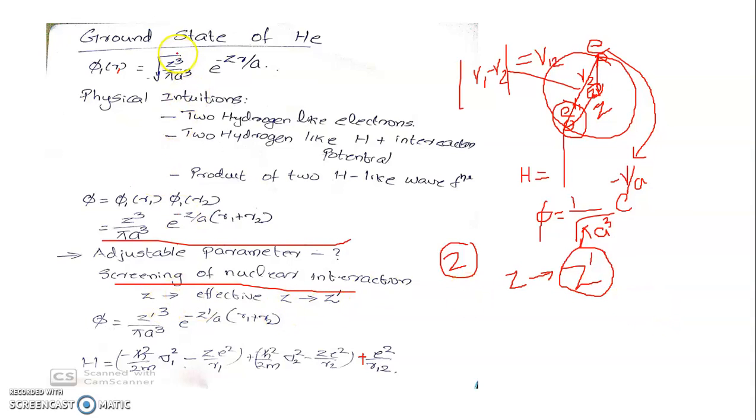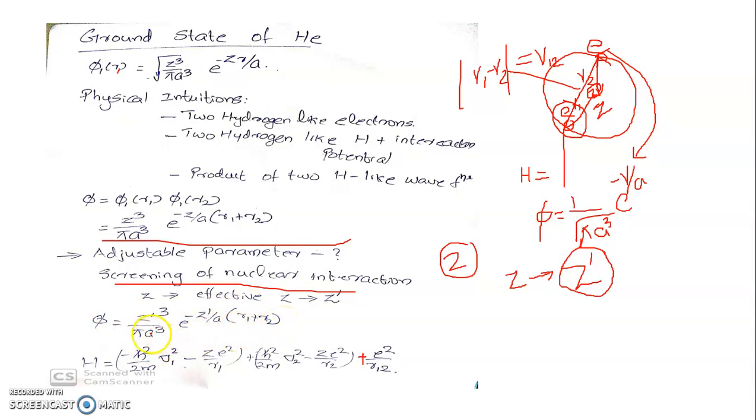So in all these locations where you come across this nuclear charge, we'll be replacing them by means of Z prime, the effective nuclear charge. That modifies the wave function, say phi, representing the ground state of helium atom as Z prime cube by pi a cube e power minus Z prime by a into R1 plus R2.